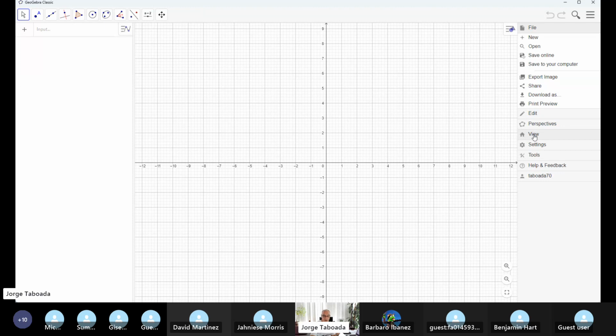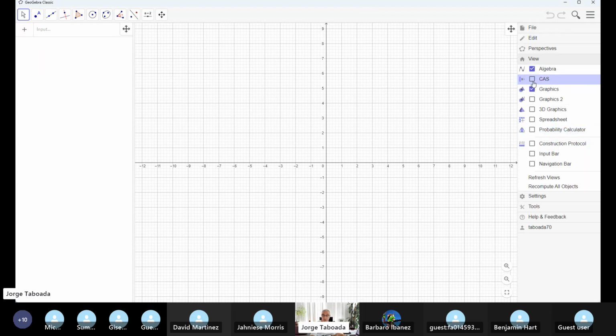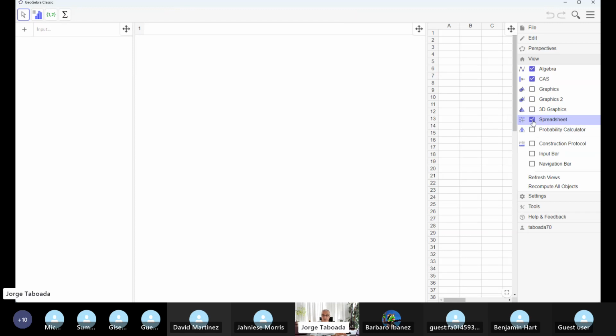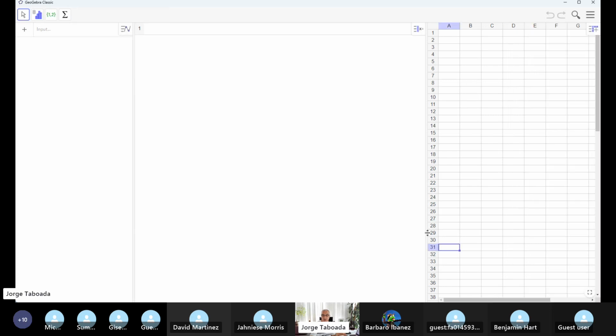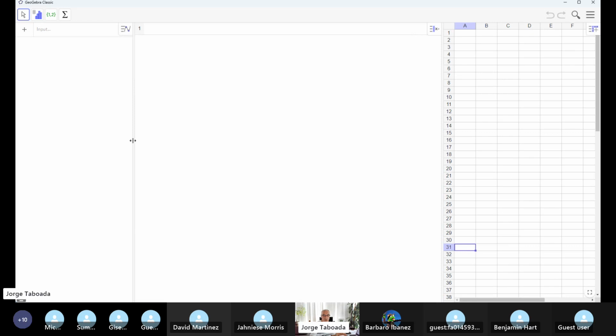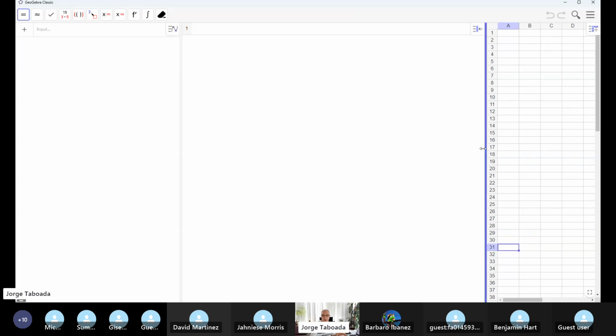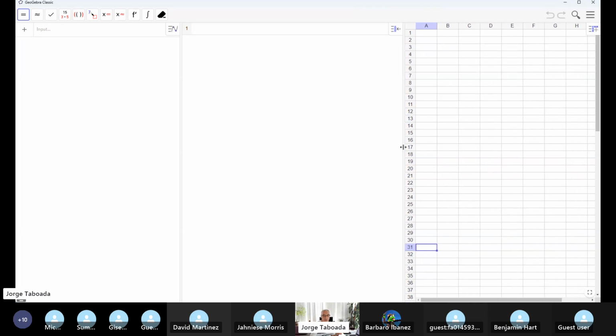The windows that we are using in this part are CAS, no graphic, I don't want to do any graph, and spreadsheet. You enlarge the window in the way that is comfortable for you.